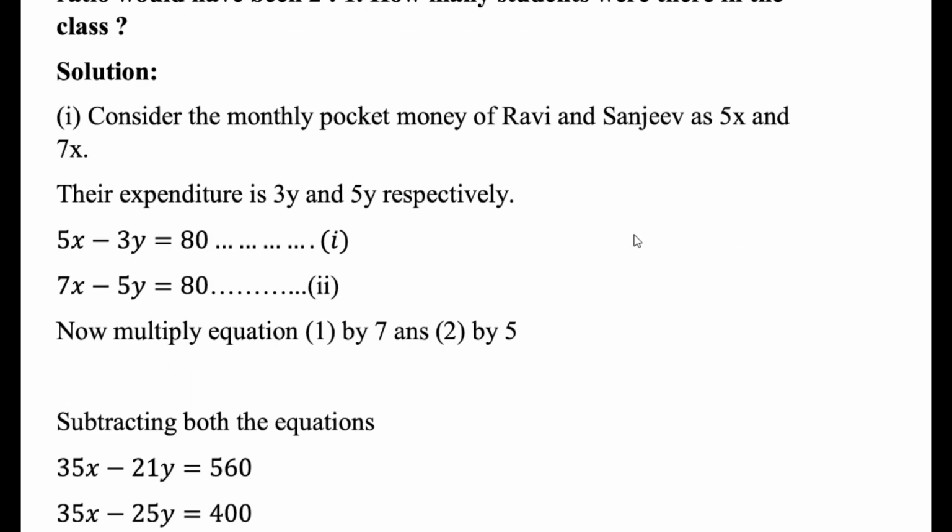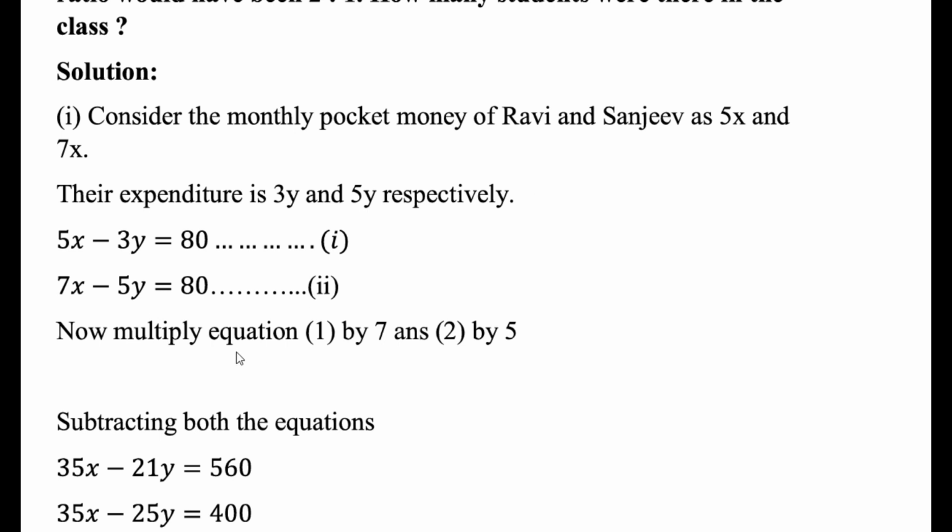This is a very easy type of sum. Consider the monthly pocket money of Robi and Sanjeev as 5x and 7x. Their expenditures are 3y and 5y respectively. So 5x minus 3y is equal to 80, and 7x minus 5y is equal to 80.